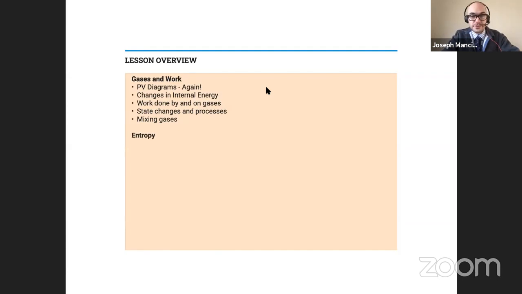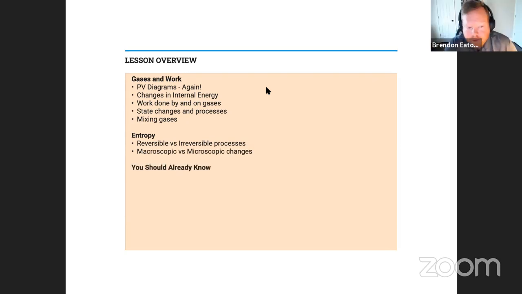And then we'll introduce the idea of entropy, one last state variable. We'll talk about reversible and irreversible processes, macroscopic versus microscopic changes. You should already know how to determine work from a PV diagram. That was from yesterday's lesson. You should know the 4 types of processes, and you should know how to work with the first law of thermodynamics.